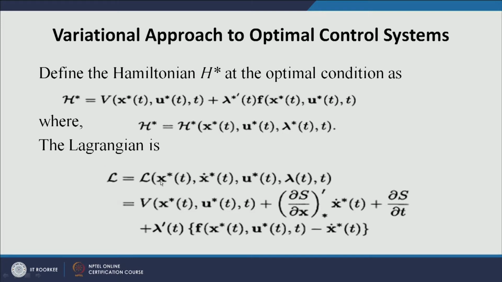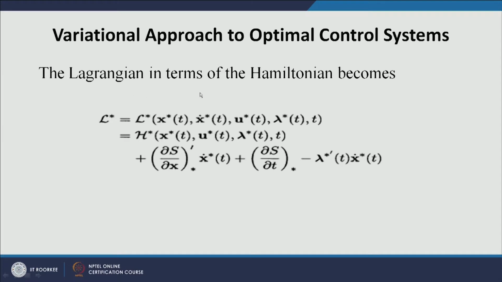We already have defined our Lagrangian as v plus del S by del x x dot t plus del S by del t, which is nothing but my integrand inside the integral cost function, plus lambda prime, and this representing my g. So, what we can do, we can define our L in terms of the H.